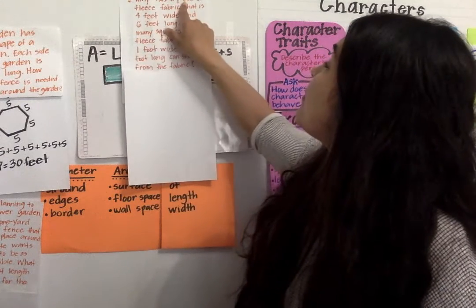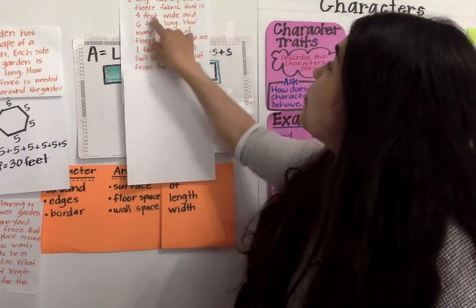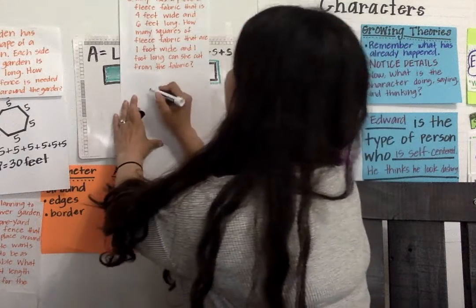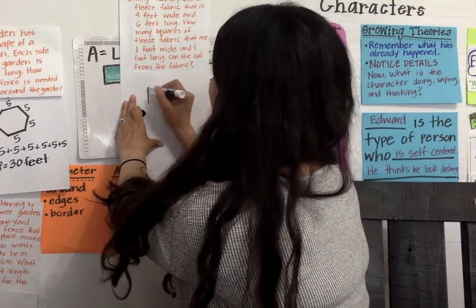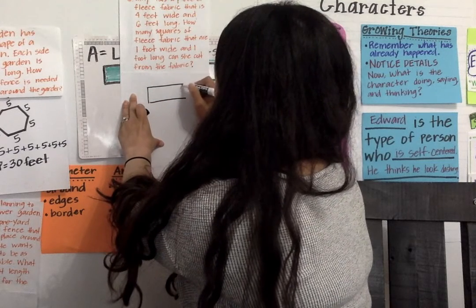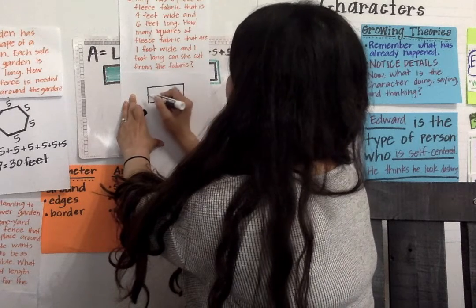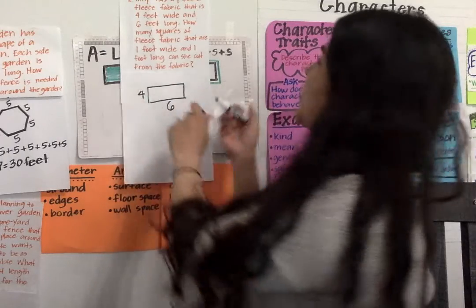Amy has a piece of fleece fabric that is 4 feet wide and 6 feet long. Okay, so this is my fabric. So I have 4 feet wide and 6 feet long.